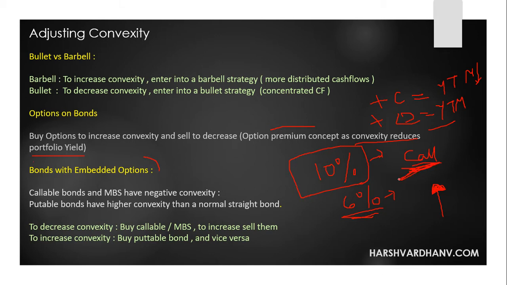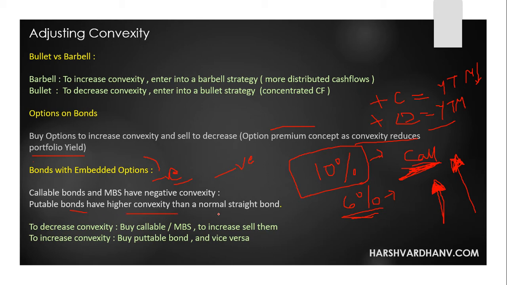But since the bond got called, it went against the concept of convexity, because when the interest rate falls, the bond price rises more. But since there is a call option, the bond price rises a little less, and the bond gets called. So that is why it is showing negative convexity. Callable bonds have negative convexity.